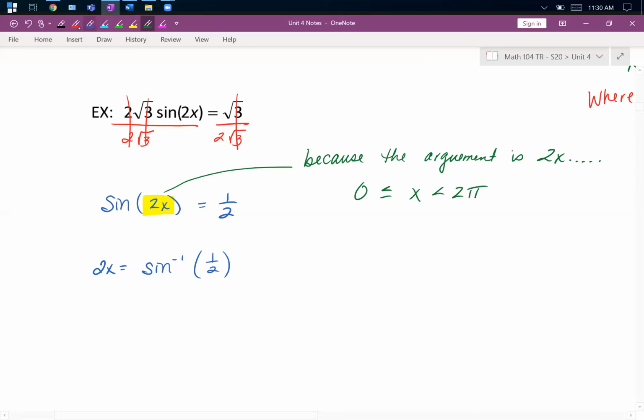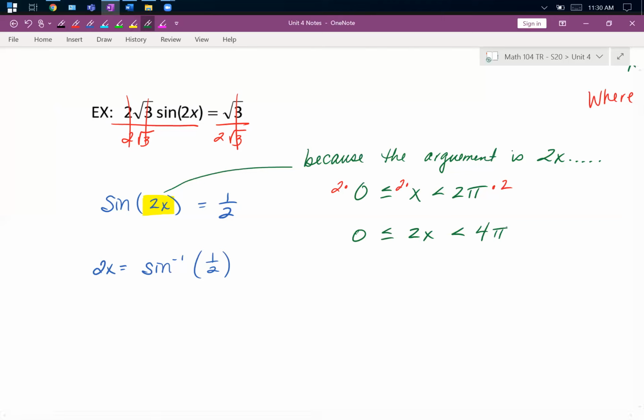Well, our argument is 2x. So if I take this inequality and I want to turn the middle into 2x instead of just x, I've got to multiply all parts of the inequality. So that says that 2x is going to be in between 0 and 4 pi.